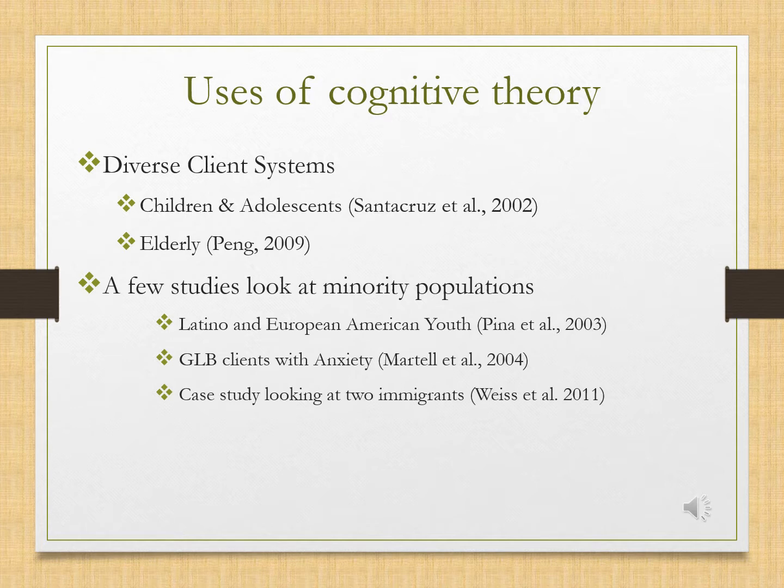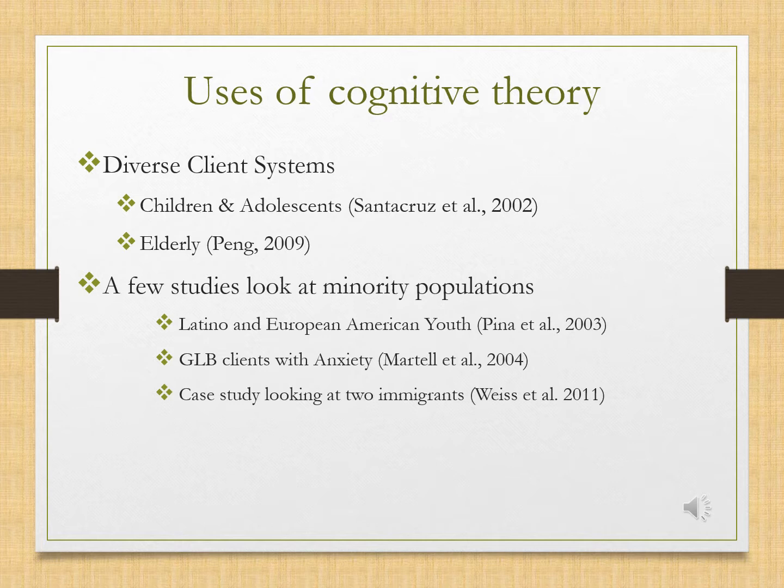They also agreed that every approach using cognitive-based theory should involve cultural competence and adaptations specific to cultures. One study comparing Latino and European American youth with anxiety disorders found that both of them responded positively to a cognitive-based intervention.